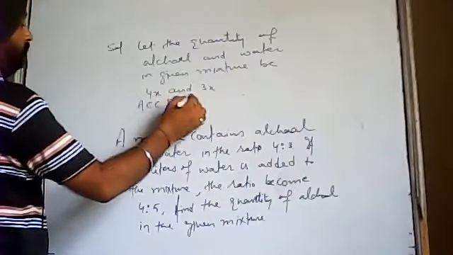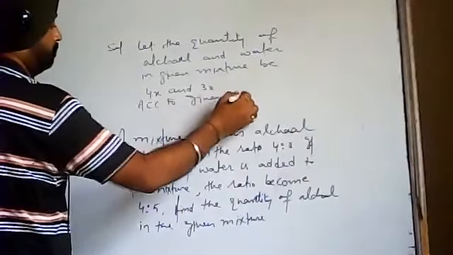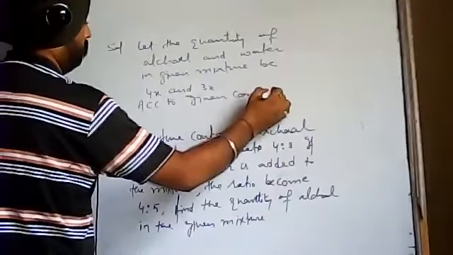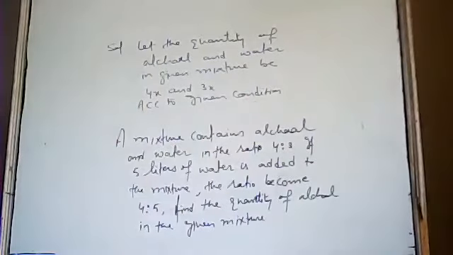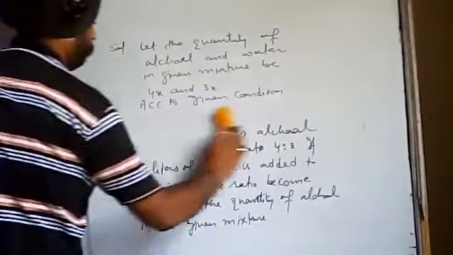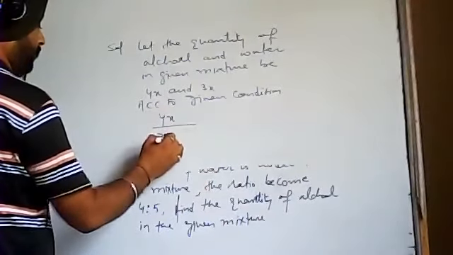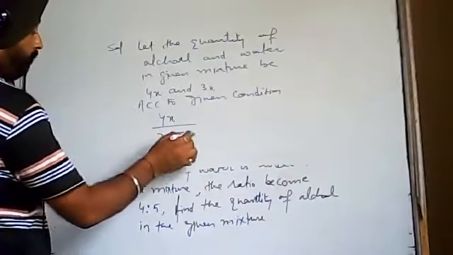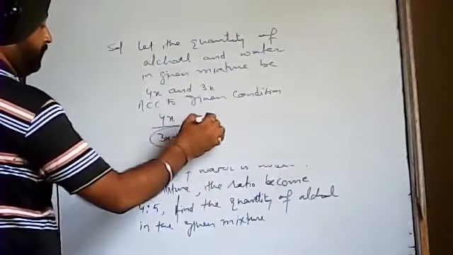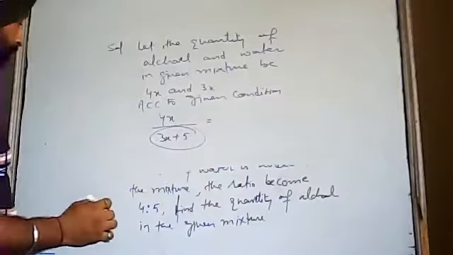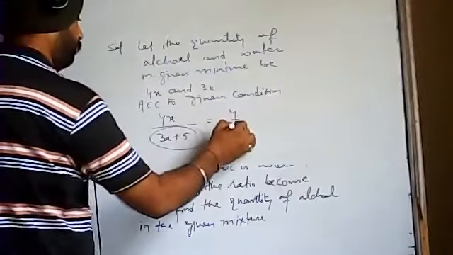According to the given condition, 4x over 3x plus 5, 5 liters added to water, so the ratio becomes 4:5.